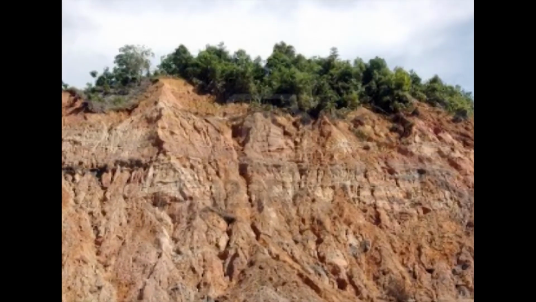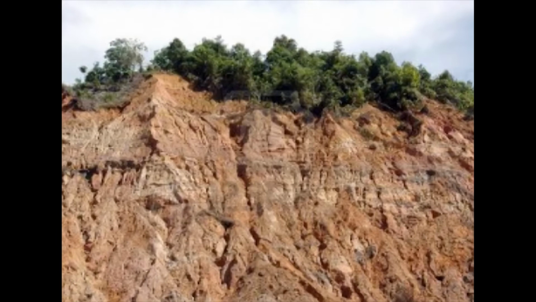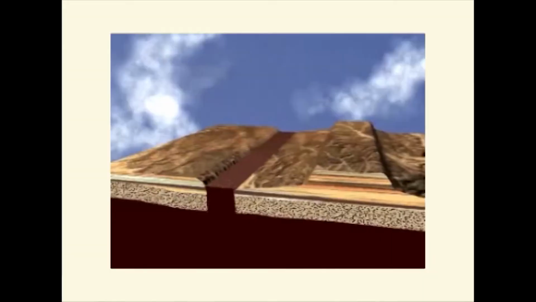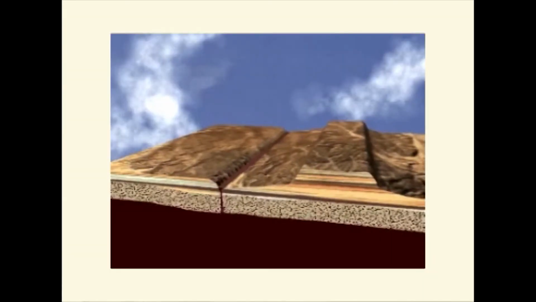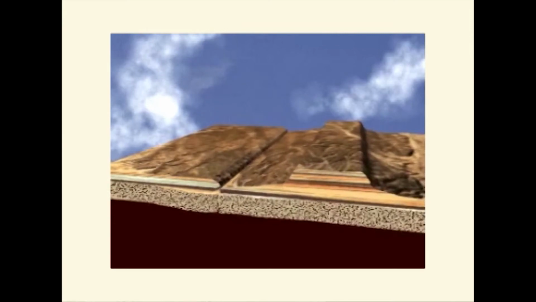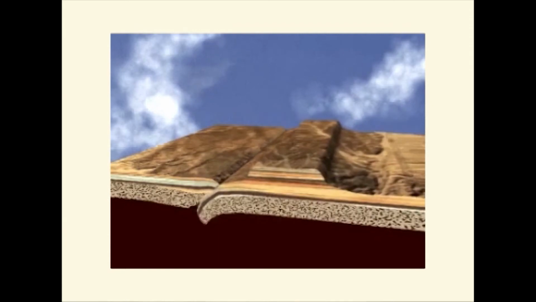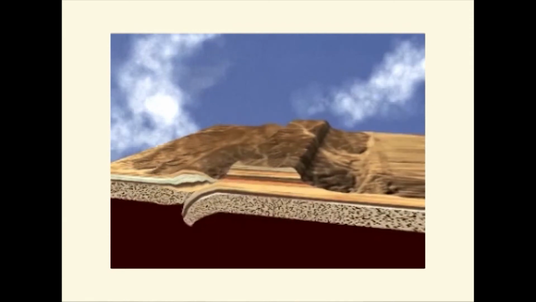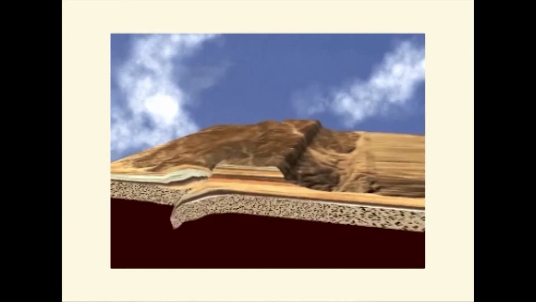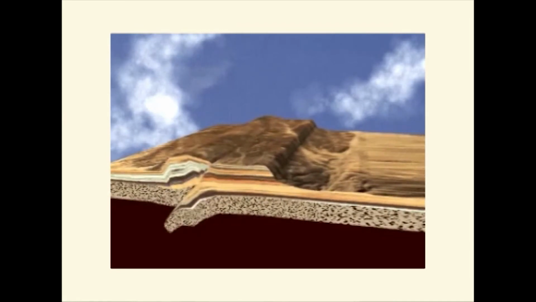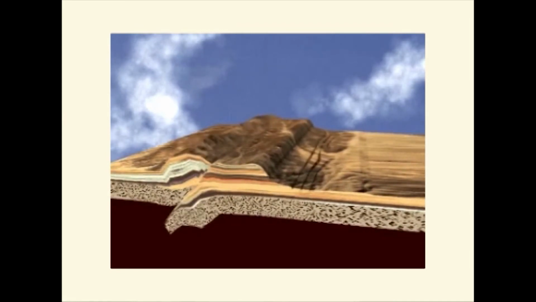The regionally metamorphosed rocks occur during orogenic events, the collision of two continental plates or island arcs with a continental plate, which produce the extreme compressional forces required for the metamorphic changes typical of regional metamorphism.